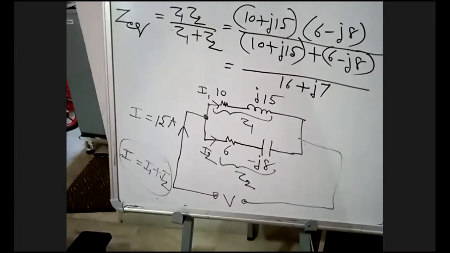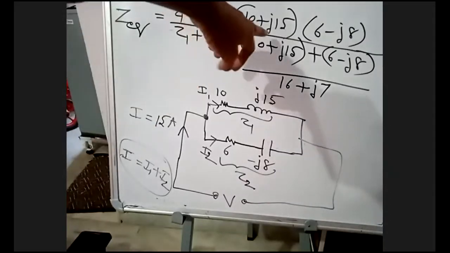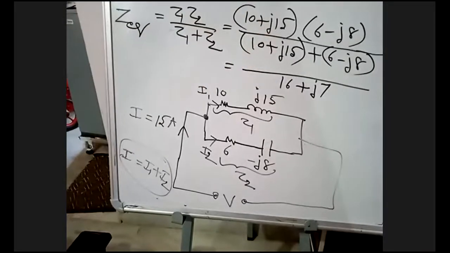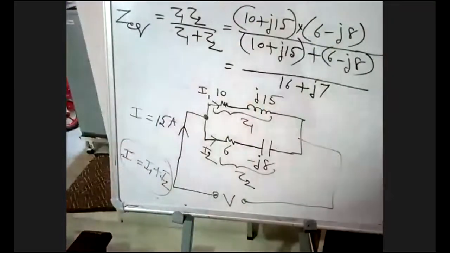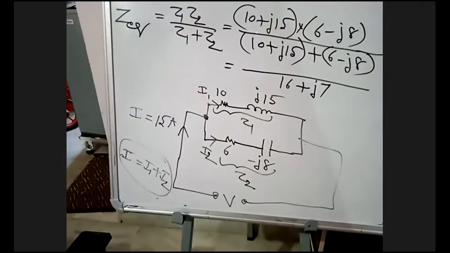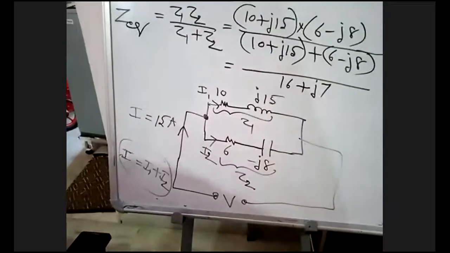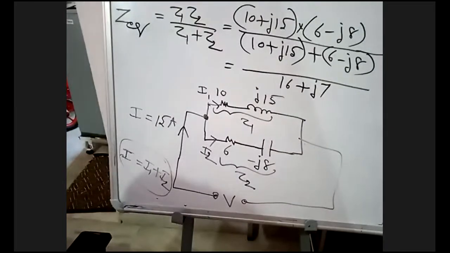Now you do one thing. Type 10 plus 15I, and you have to keep the brackets. Multiply into, again keep the brackets, 6 minus J8. How much are you getting?